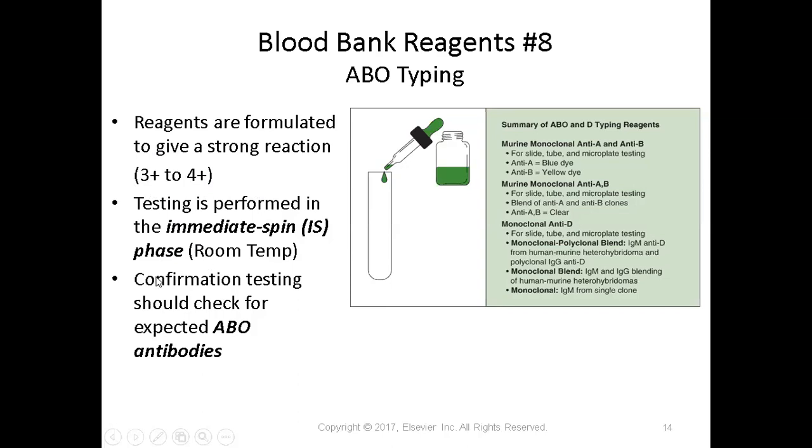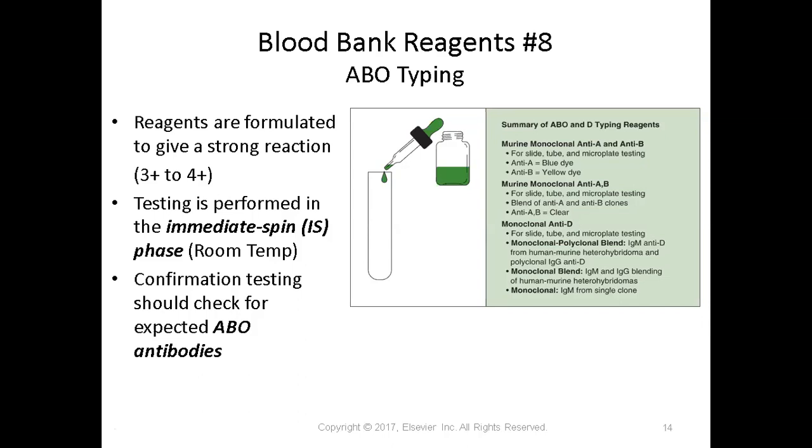In blood bank, we also do confirmatory testing called reverse typing, where we look for expected ABO antibodies in our patient. I'll be talking more about this in our labs for this unit. Around the turn of the century, maybe the 1900s, Karl Landsteiner discovered that we human beings have ABO antibodies to the antigens that are not present on our red blood cells, okay?